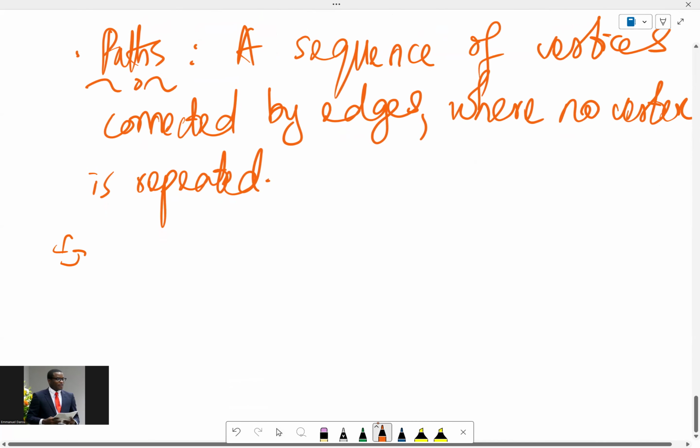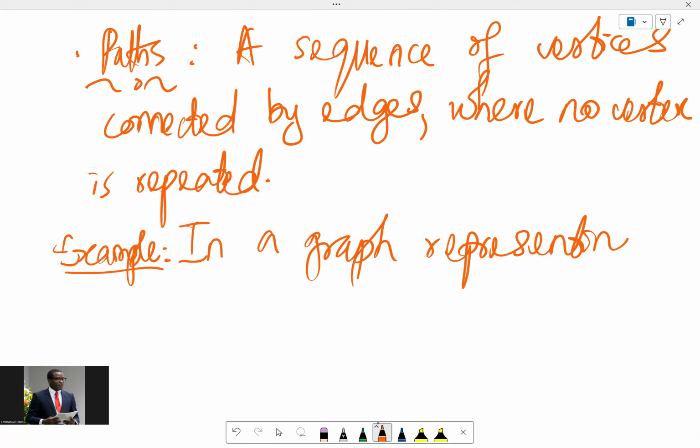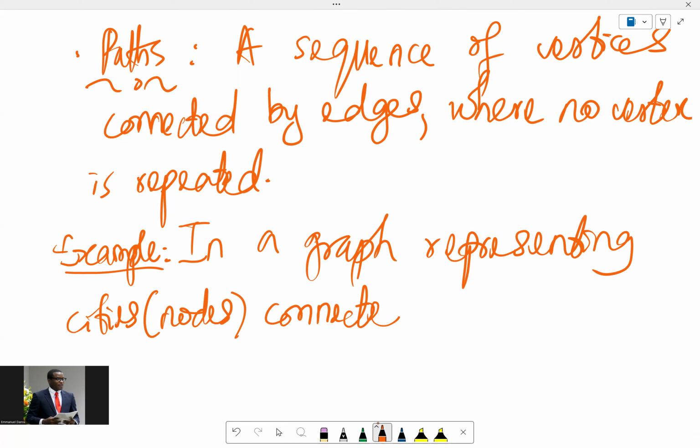So a good example of this would be in a graph representing cities. Those cities are like nodes or vertices, right? Connected by roads. So the roads in this case are the edges.